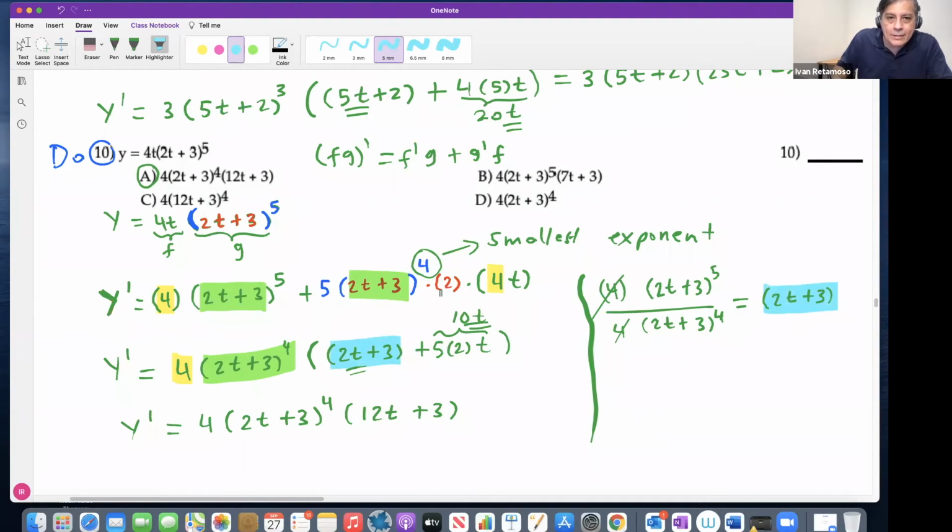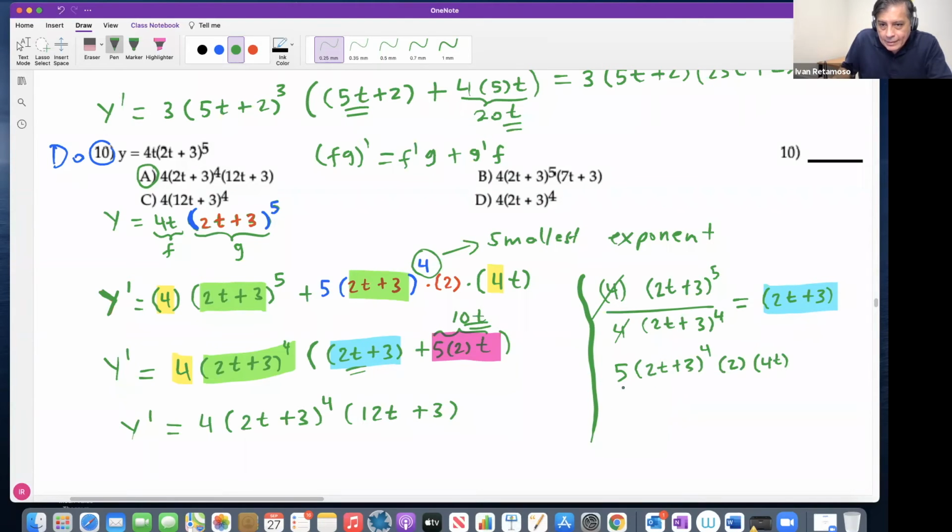Now, how did we get this other guy? Let's use another color. There's pink here. Well, this was the result of dividing this into this. So we had 5 times 2t plus 3 raised to a 4 power times 2 times 4t.